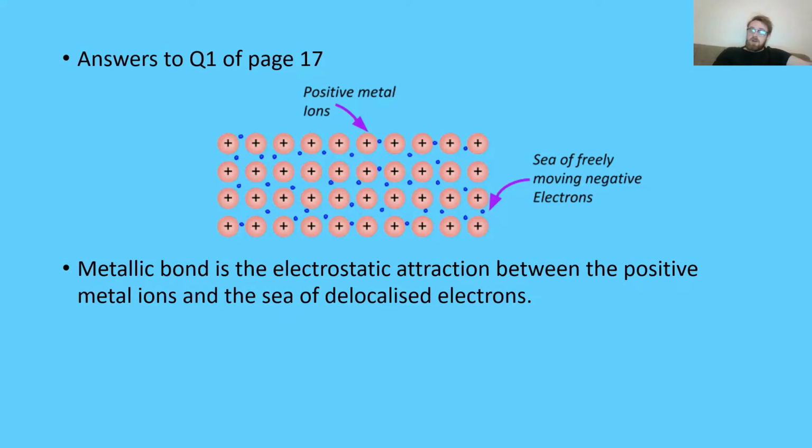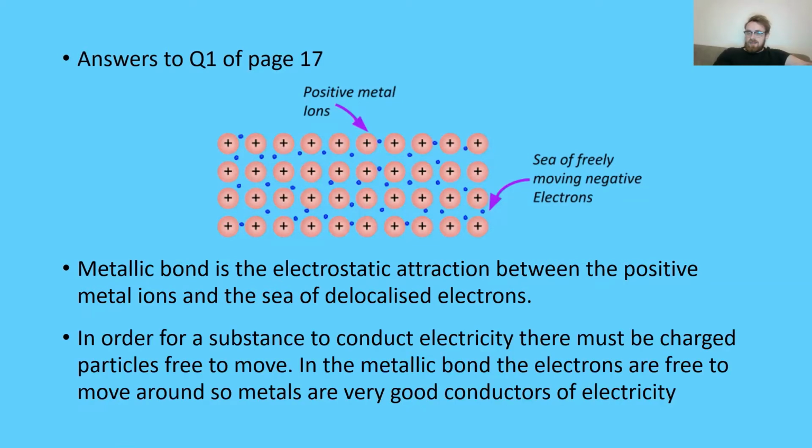Part C was asking you to explain why metals are really good at conducting electricity, and it's because of that sea of freely moving negative electrons. You should be writing something along these lines. In order for a substance to conduct electricity, there must be charged particles free to move. That's true for anything.